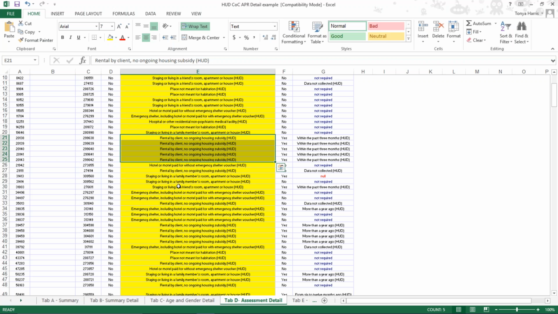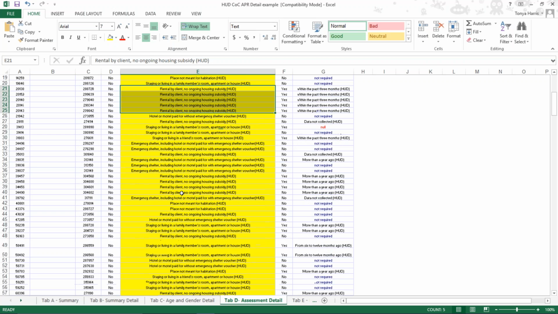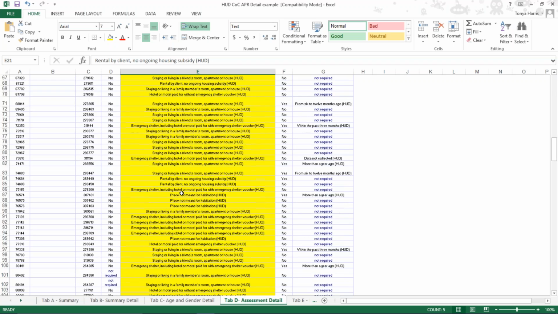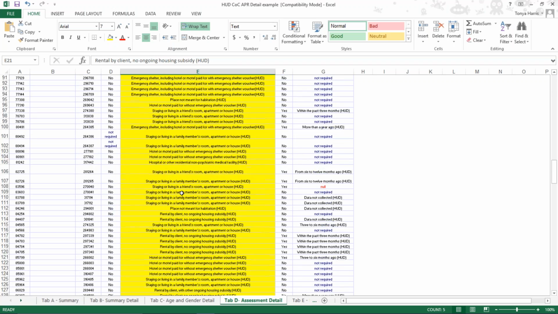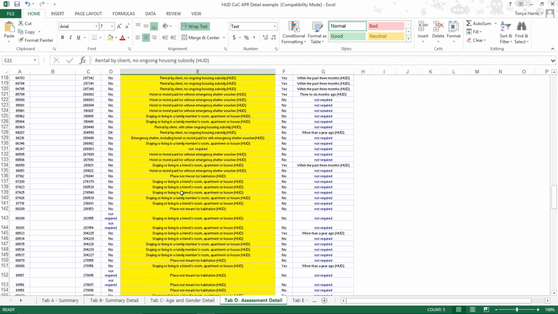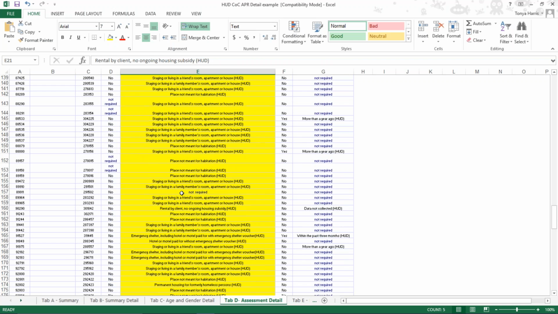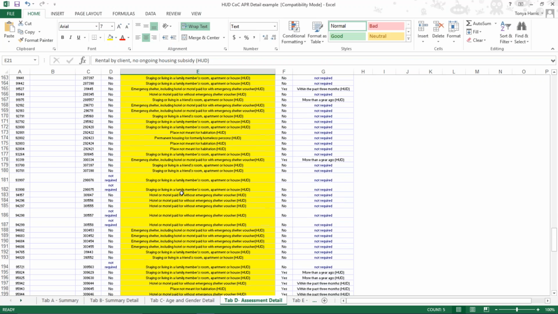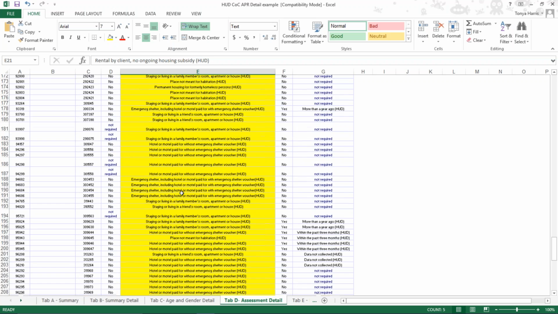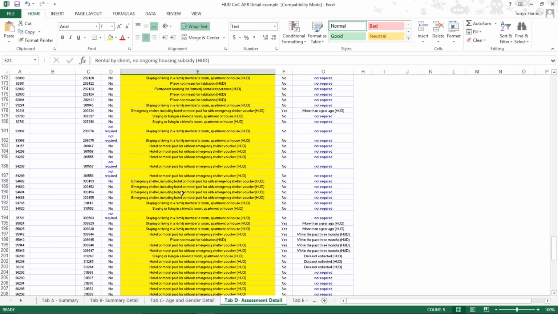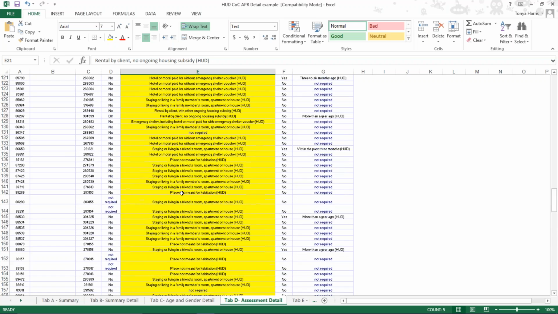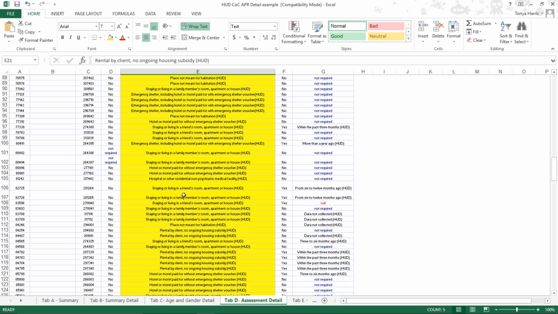So this column right here is really confusing to me because it looks like the answers are all over the map for any one given program. So I'm leaning more towards a rapid rehousing program as the type that I ran this for, but I'm also seeing some housed answers. So, you know, you need to be looking at this column when you get this report.